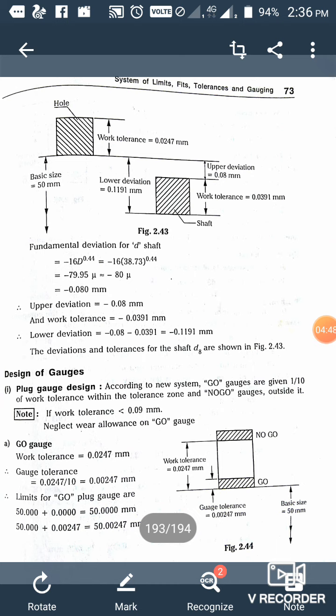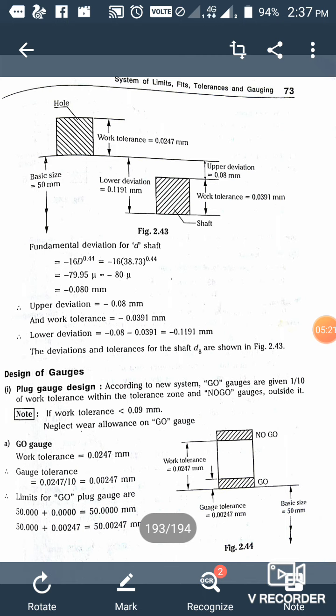The fundamental deviation formula is given, and the fundamental deviation itself is given. So only substitute the D value, and you will get the answer in microns: minus 80 microns. Minus means it is below the basic size. That 80 micron is nothing but 0.08 mm. Now the upper deviation is minus 0.08 mm.